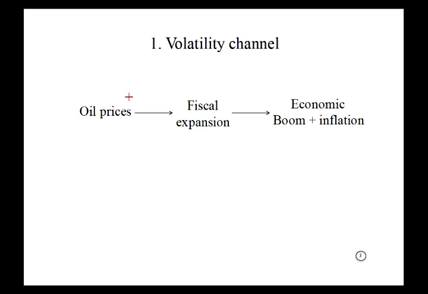So the spending goes up, public spending goes up by 25%. Now, this has a big effect on aggregate demand in the economy. The aggregate demand in the economy increases by 15%.